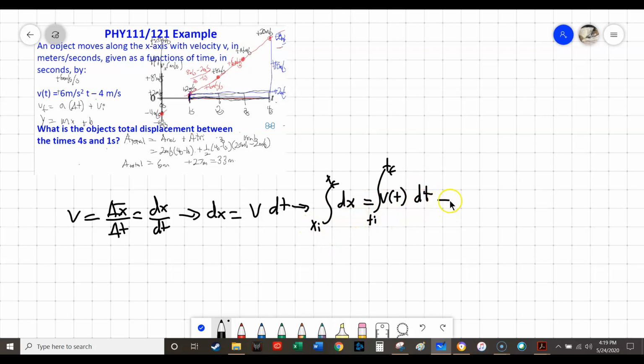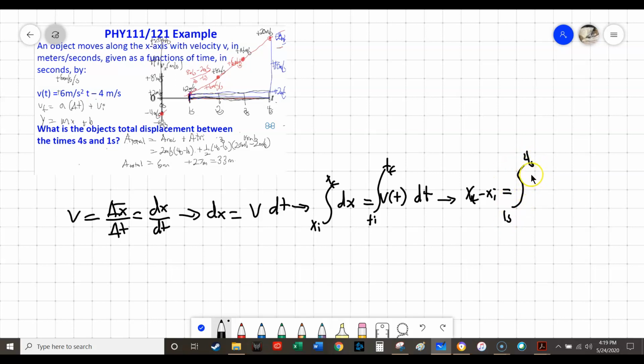Well, keep running this further. This is just going to be delta x, right? This is going to end up being x final minus x initial, all right? And this v of t is going to be our v of t equation, and that's going to go from 1 second to 4 seconds, right?